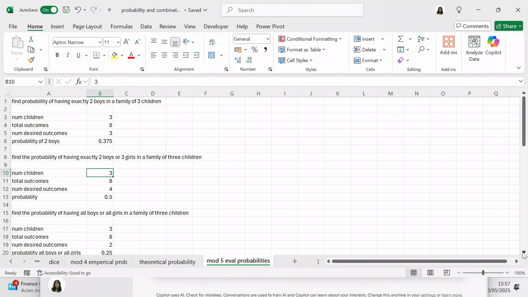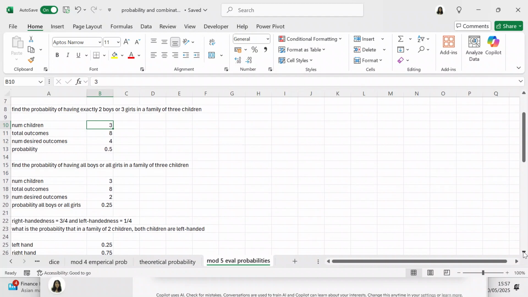The next question we have is: find the probability of having exactly 2 boys or 3 girls in a family of 3 children. So now your sample space is going to be exactly the same as in the previous question, but you're going to still have the 3 desired outcomes, and you're going to add a desired outcome of girl, girl, girl.